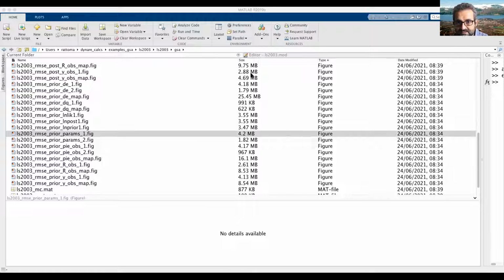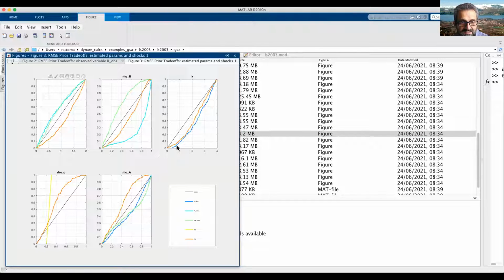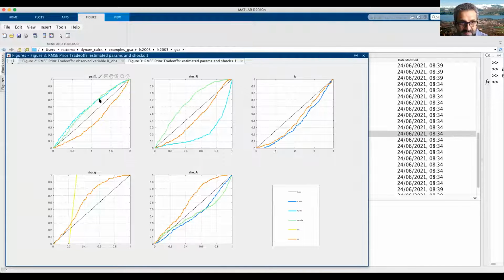For psi1, the trade-offs are between interest rate, inflation, and exchange rate, and so on and so forth. So then for each parameter, we plot all the relevant observables and distributions, and cumulative distributions.